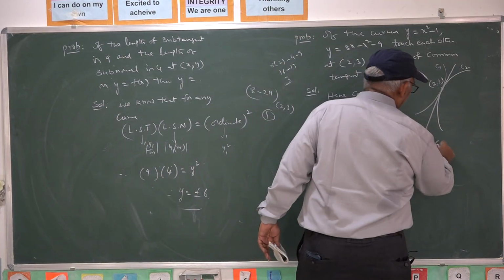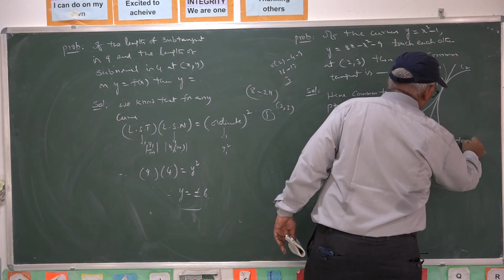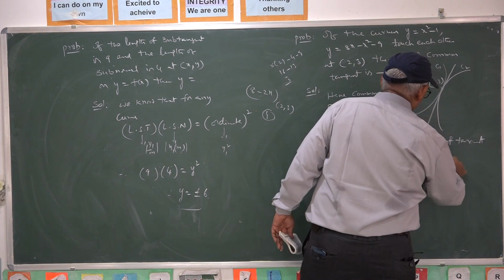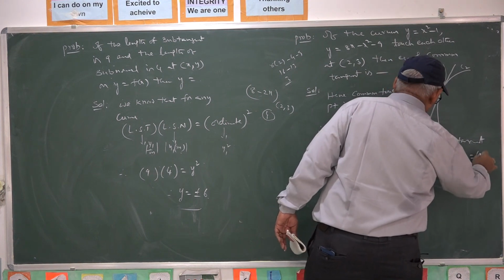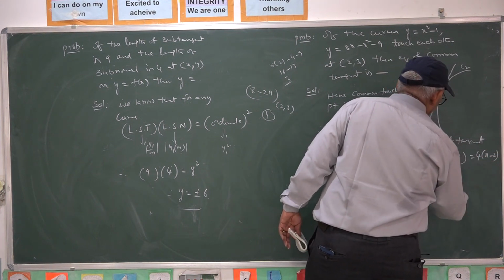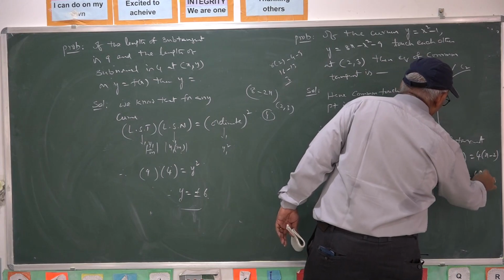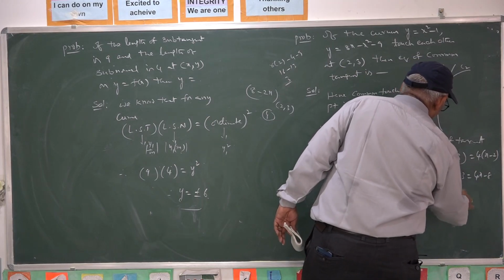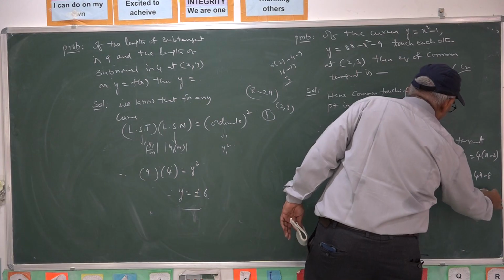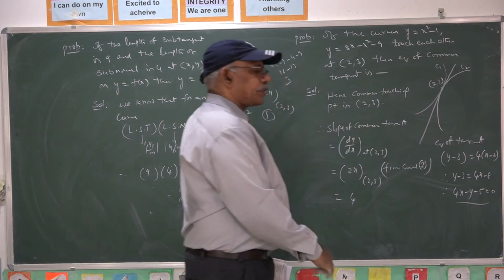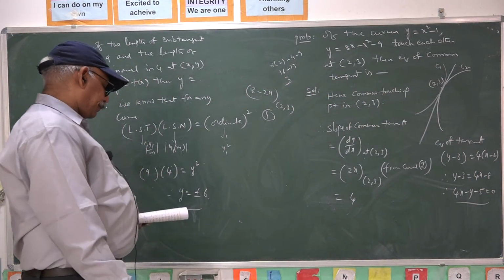The equation of the common tangent is y minus 3 equal to slope 4 into x minus 2. y minus 3 equal to 4x minus 8, that is 4x minus y minus 5 equal to 0, the equation of the common tangent.